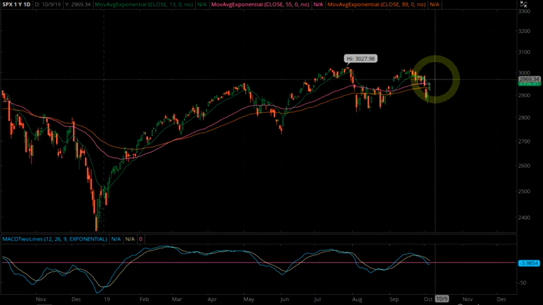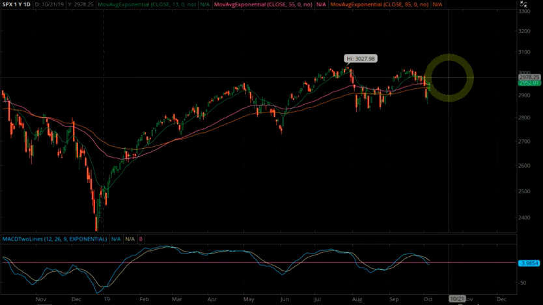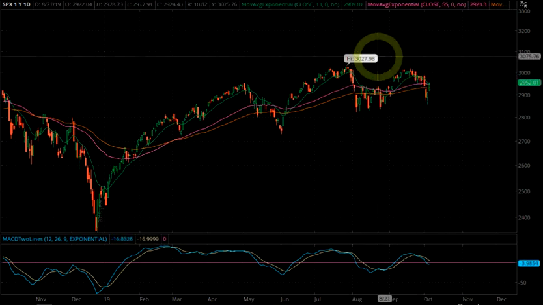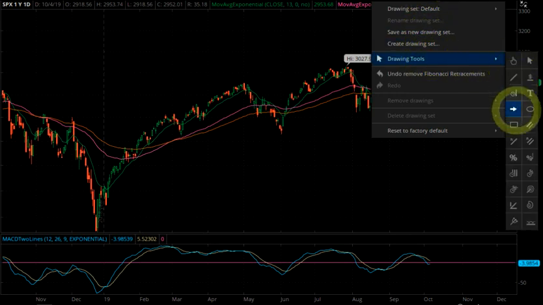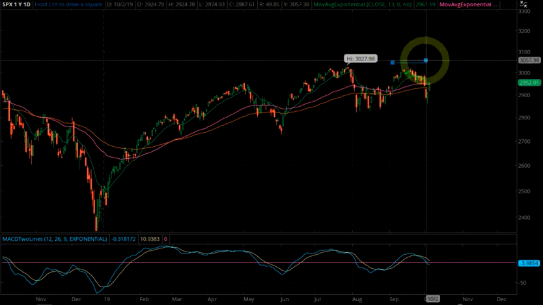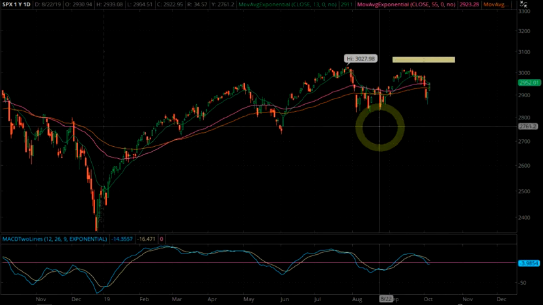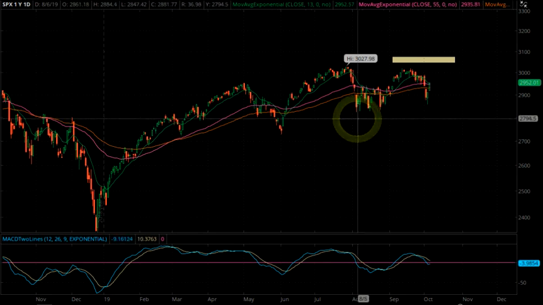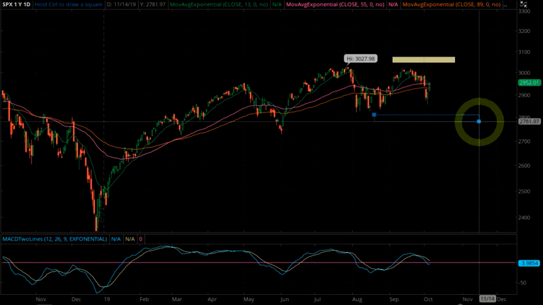So then the question is where's the next stopping point? Well, if there's going to be a new high, we can go ahead and put some stuff on here since this chart is so barren. If there's going to be a new high, it should slow down right in this area. If there's going to be a new low, it should come down into this area right in here.